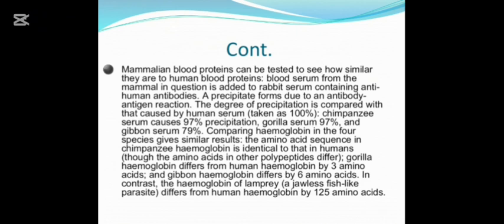In contrast, the hemoglobin of the lamprey, which is a jawless fish-like parasite, differs from human hemoglobin by around 125 amino acids. So using such comparisons from the given data, you can see that the chimpanzee is very close to human, the gorilla is very close to human, and the gibbon is a little farther but still close to human.